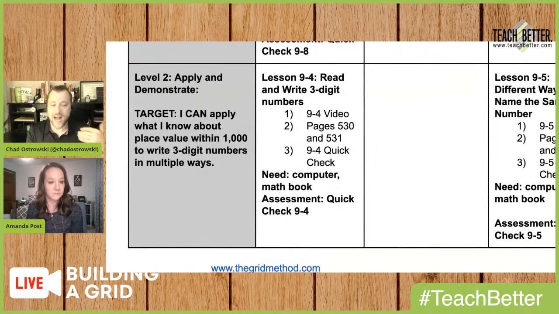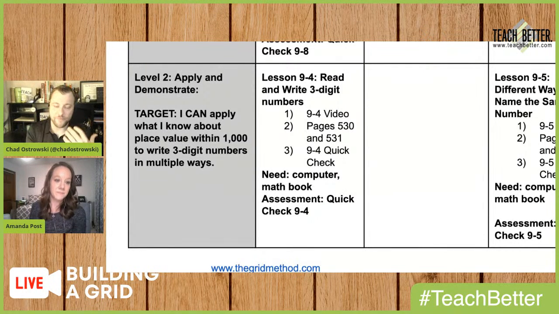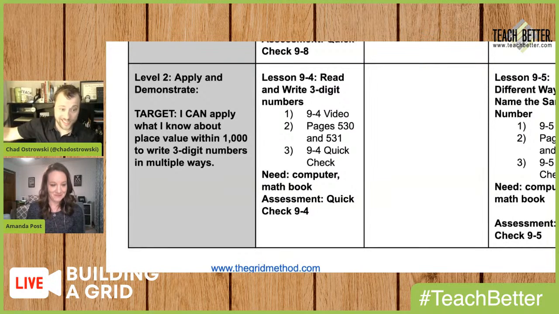Level 2 is a little bit higher level application and being able to really write those numbers in multiple ways, but with that full application of understanding. So if your students can do both of those things, are you happy after the first 2 levels? Absolutely. Okay, fantastic. So you'll notice that I'm kind of reviewing with Amanda, and I do this all the time.